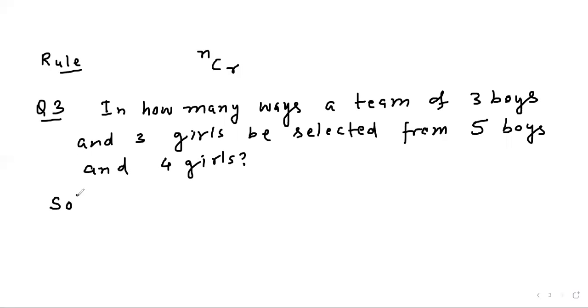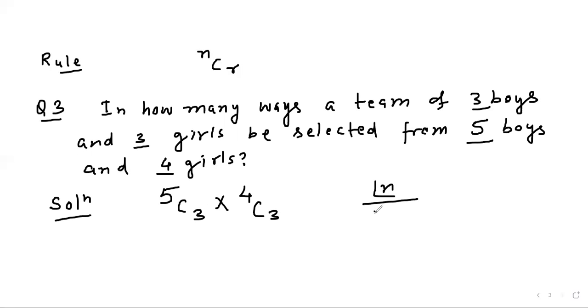So it's a very simple question. Out of five boys, three are to be selected, so we can say 5C3, multiplied by out of four girls, three girls are to be selected, then 4C3. We can evaluate it by using the formula factorial n divided by factorial n minus r times factorial r.